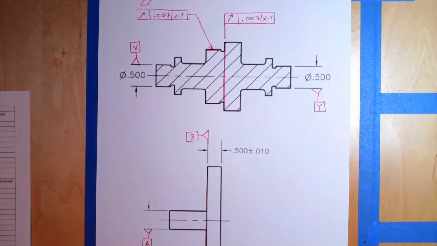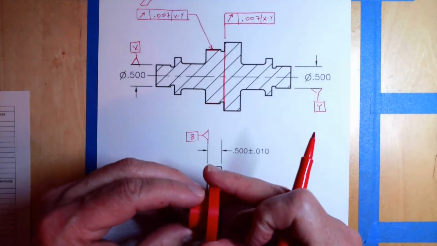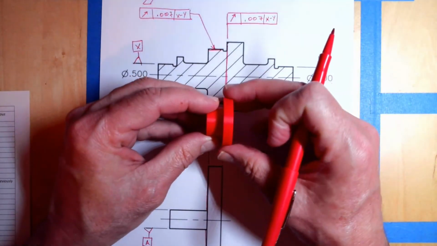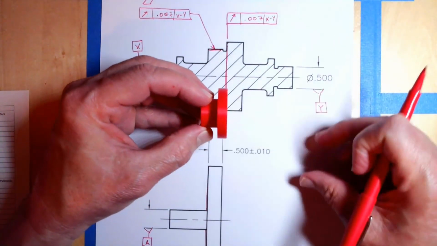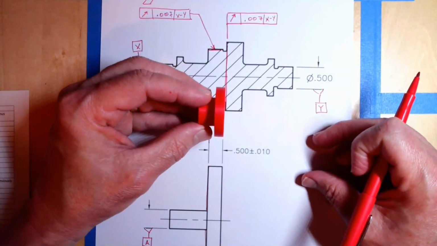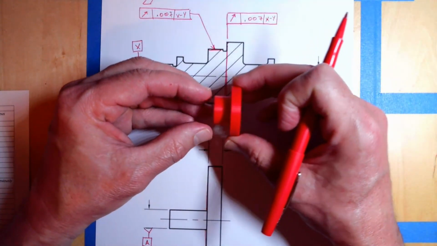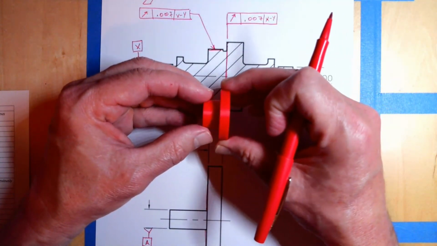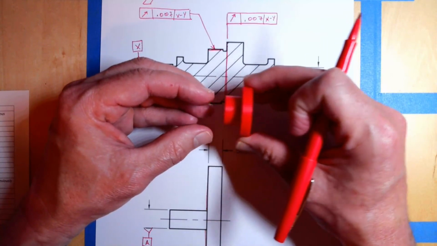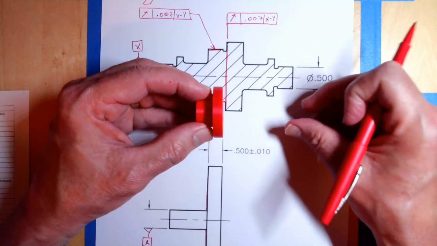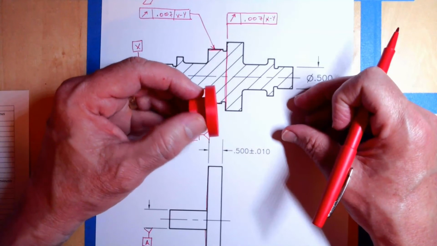Now, I can give you an example of how we might use that. So we can see in this part right here, just the A would hold it here, right? But in that case, it's really free to move here. There's no constraints against it moving to the left and to the right. We're only saying it can rotate.